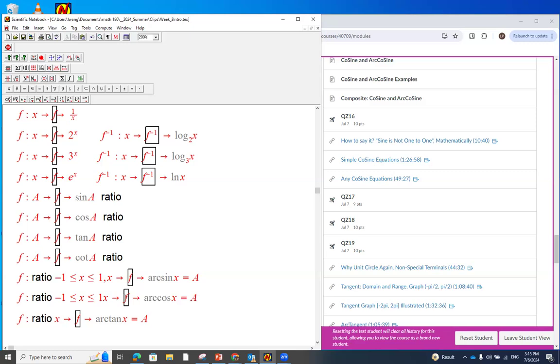For arccosine, the domain is the same, but the ranges are different. The range for arcsine, as we have studied in the lessons, is between -π/2 and π/2.